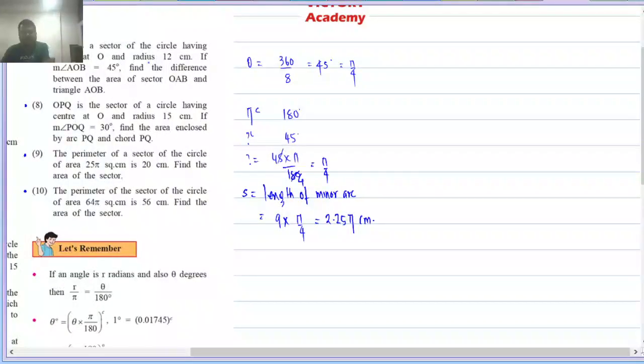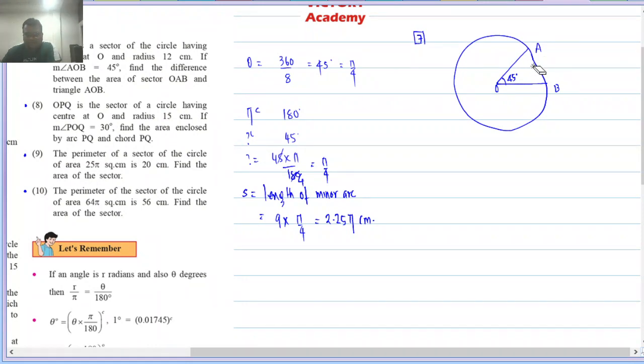OAB is a sector of the circle having center at O and radius 12. So, if measure of angle AOB is 45 degrees, this is 45 degrees.